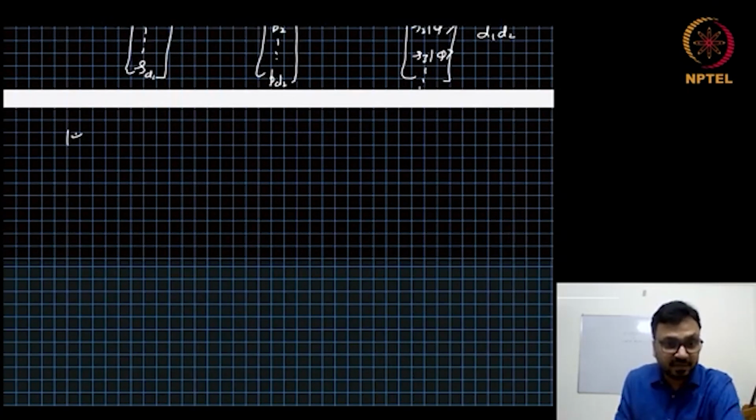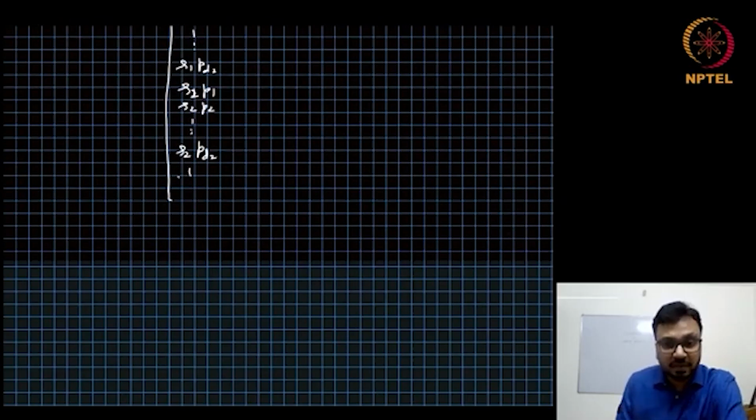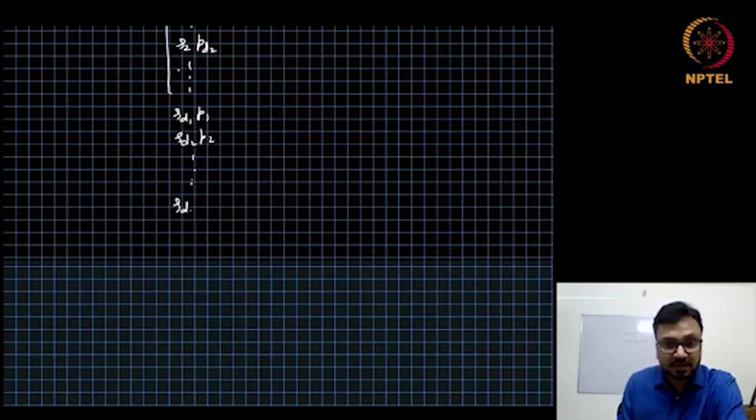If we expand it fully, then psi tensor phi will be s1 p1, s1 p2, up to s1 p d2, then s2 p1, s2 p2, up to s2 p d2, and so on, up to s d1 p1, s d1 p2, up to s d1 p d2.